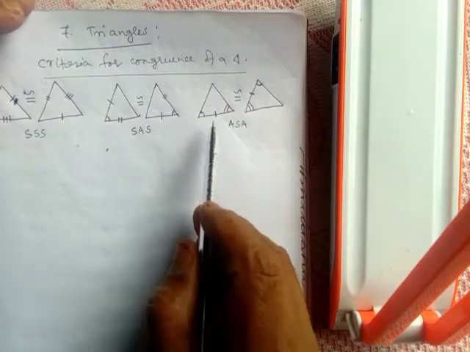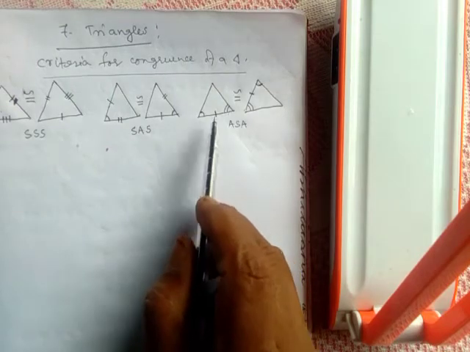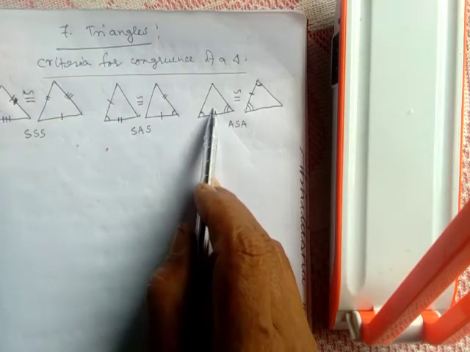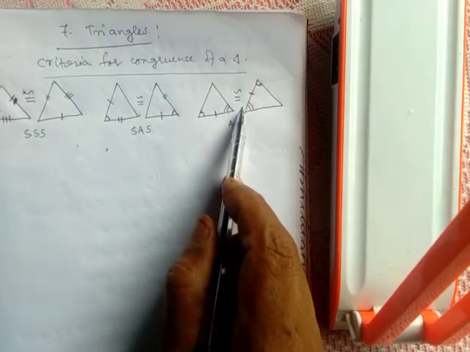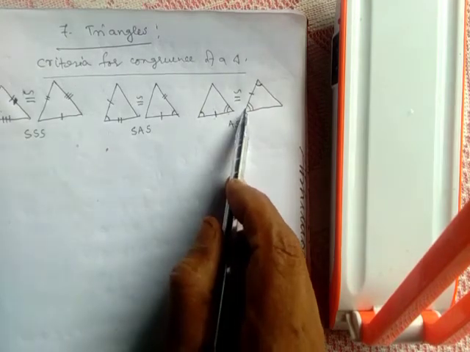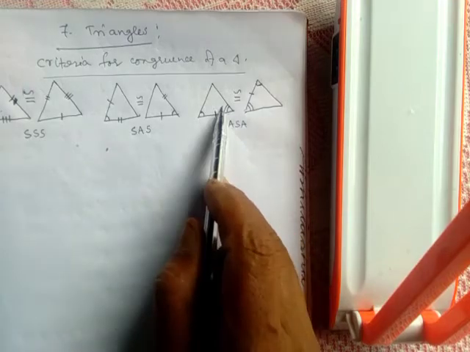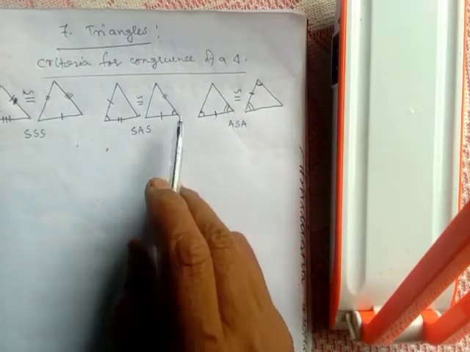Is it clear? If two angles and the included side of one triangle are equal to the two angles and the included side of another triangle, then the two triangles are congruent.